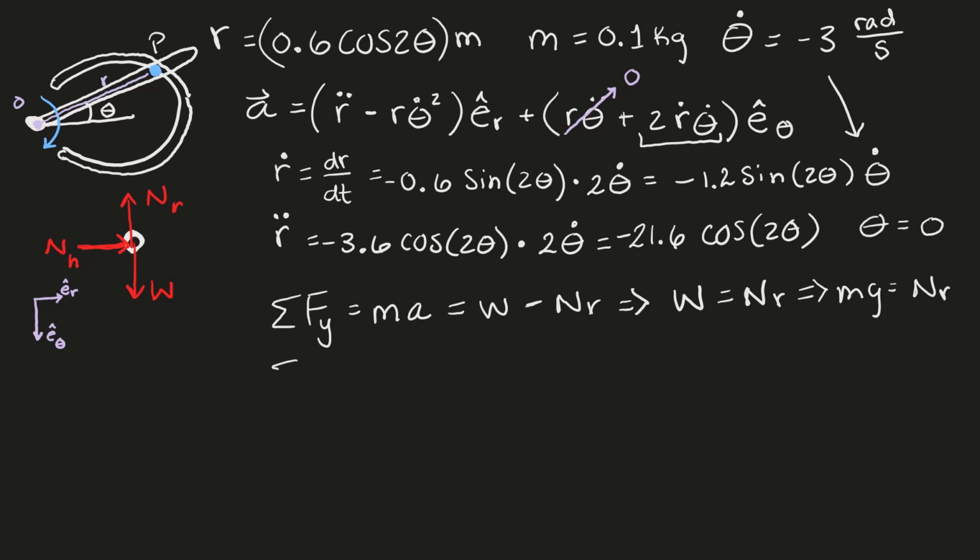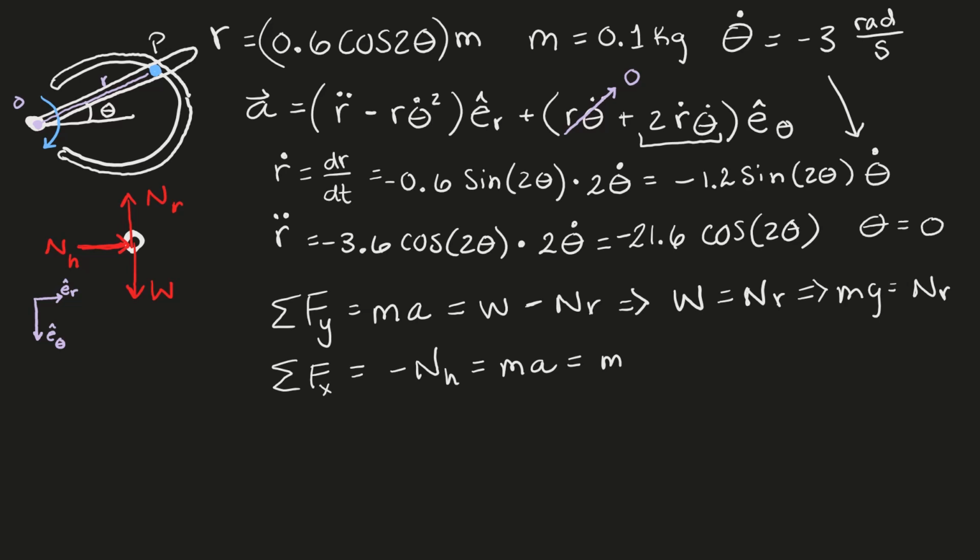And now we can write the sum of the forces in the x direction is equal to negative N_h, which is equal to m a, where a in this case is going to be this term here. r, plain old r, looks like 0.6. Squared, why am I doing math?